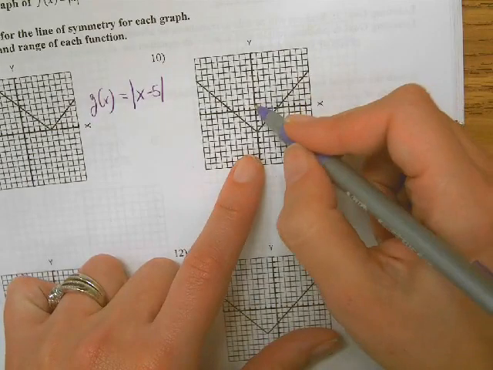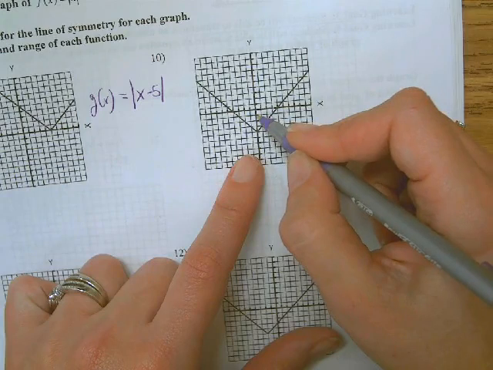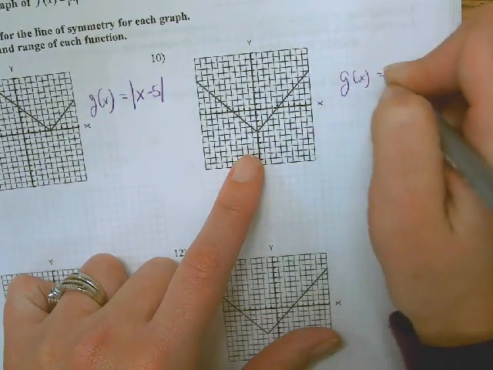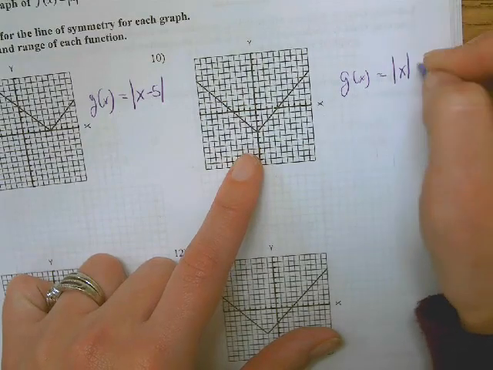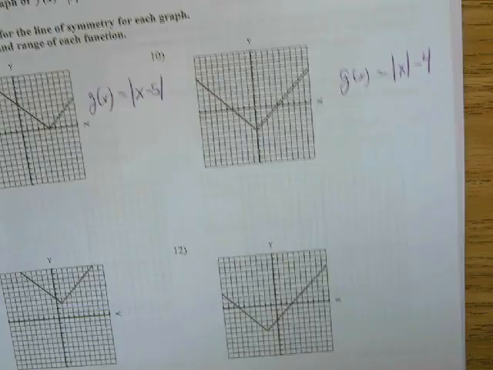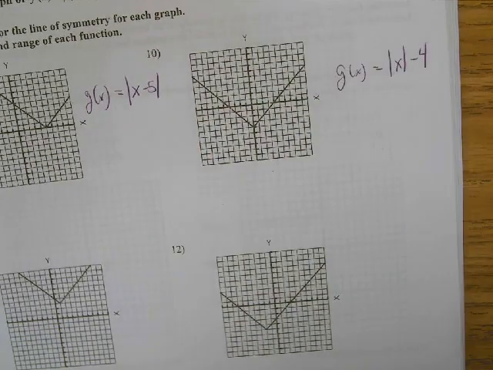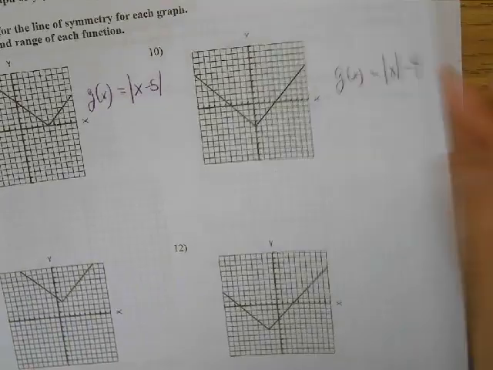This one went down 1, 2, 3, 4. So this would be g of x equals absolute value of x minus 4. Okay, so same concept, going in a different direction. Okay, so again, you have to have those rules memorized.